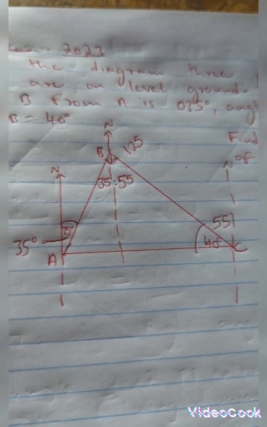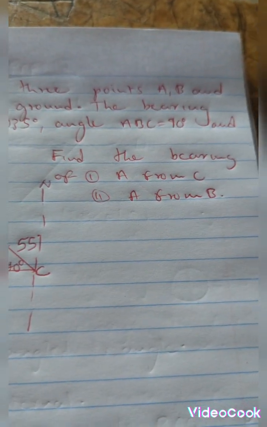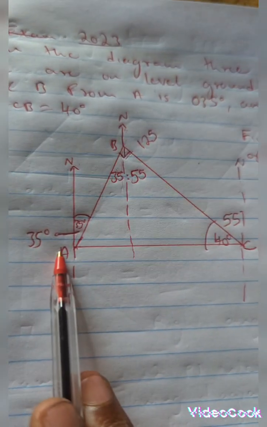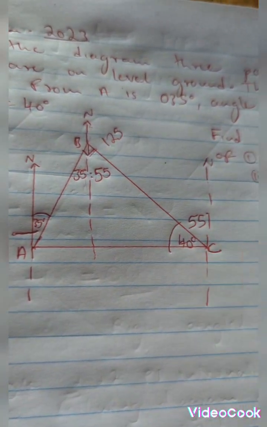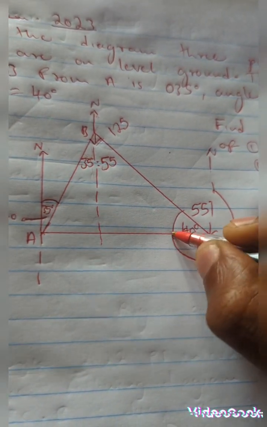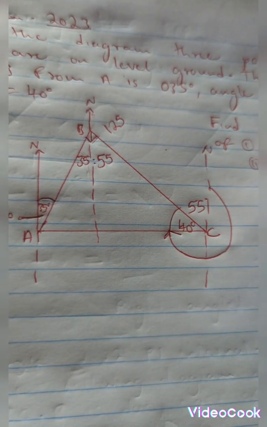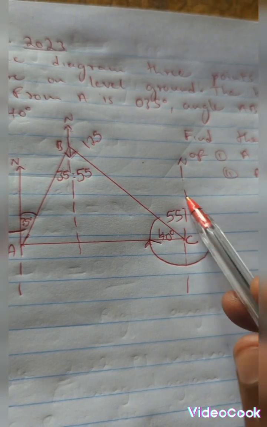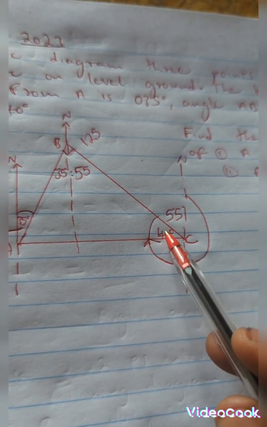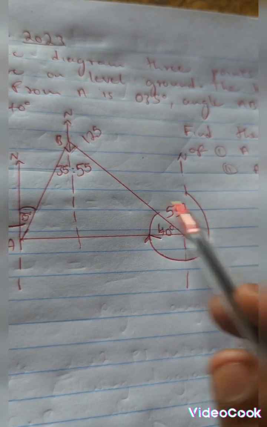Then we come to the questions now. Find the bearing of A from C. We're finding the bearing of A, we're coming from C. So a clockwise direction, the bearing of A from C. So it means now here a circle is added up to 360. So we are going to add 55 plus 40, and then we subtract from 360.